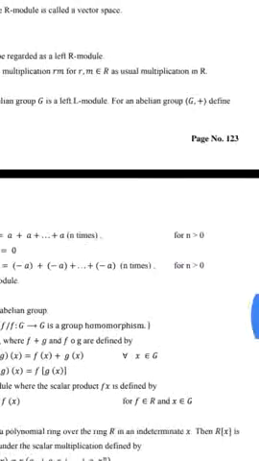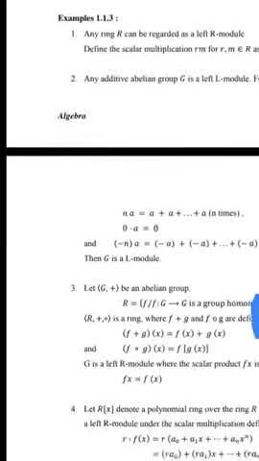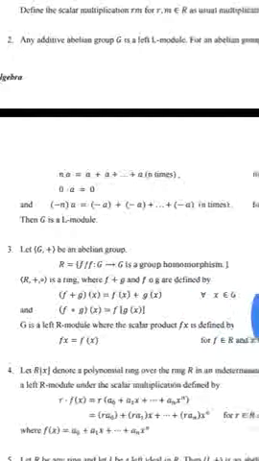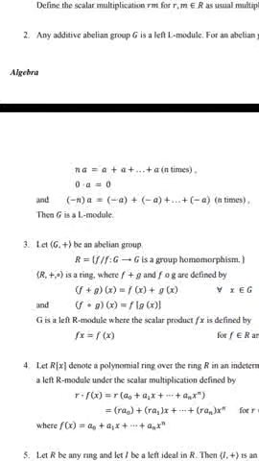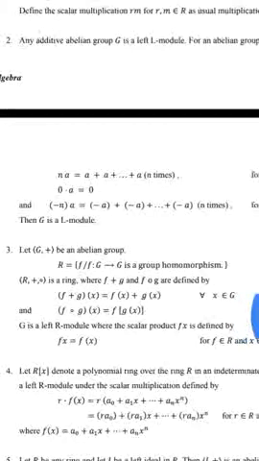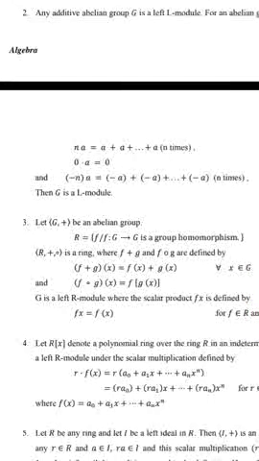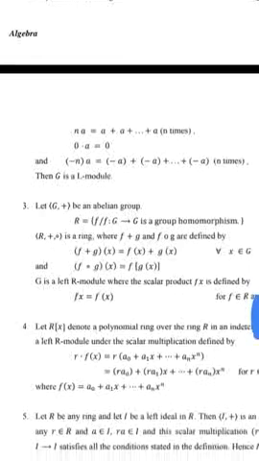For an abelian group (G, +), define na = a + ... + a, n times, 0·a = 0, and (-n)a = (-a) + ... + (-a), n times. Thus G is a Z module.